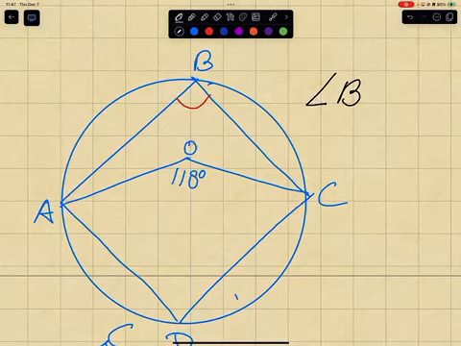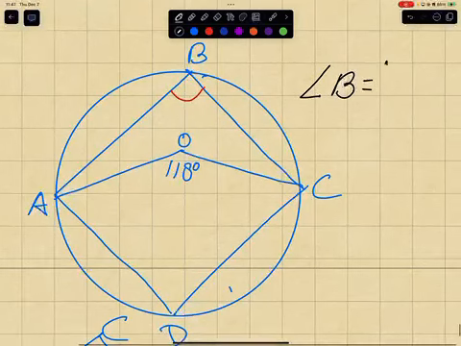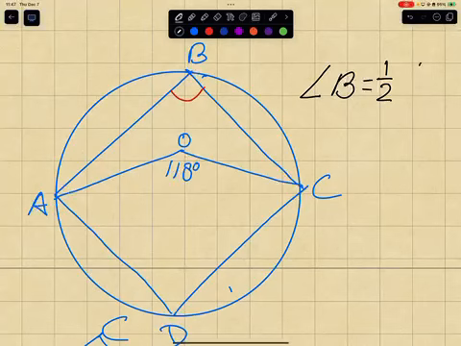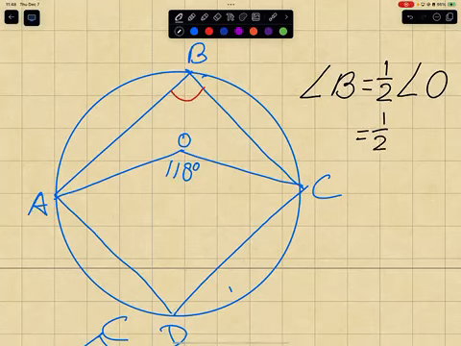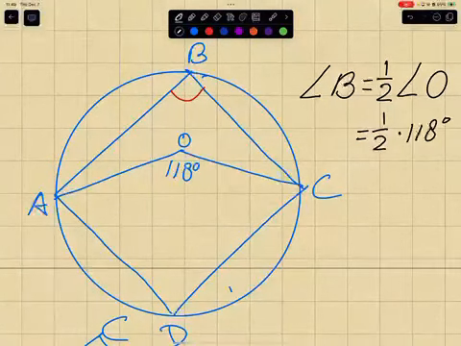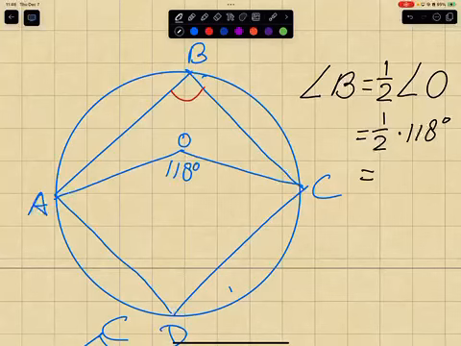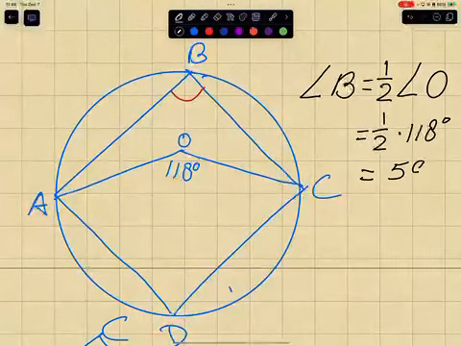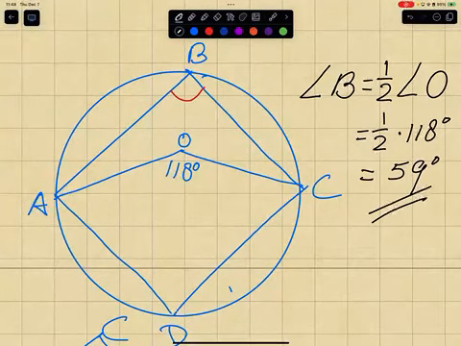So the angle of B is half the angle of O. So a half times 118 equals 59 degrees.